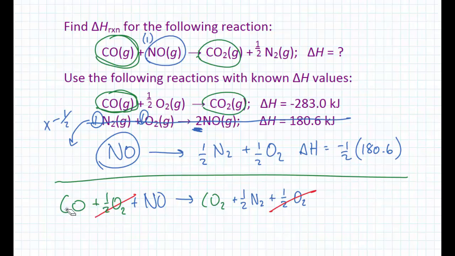So we did it, right? CO plus NO makes CO2 plus 1/2 N2. And to get the delta H of this unknown equation, we have to do negative 283.0 plus negative 1/2 times 180.6.